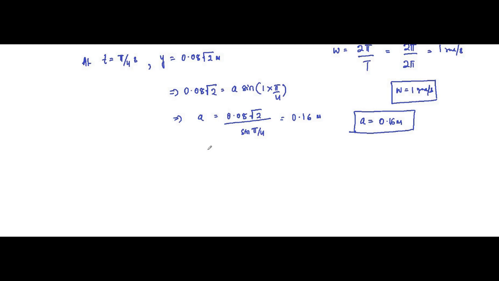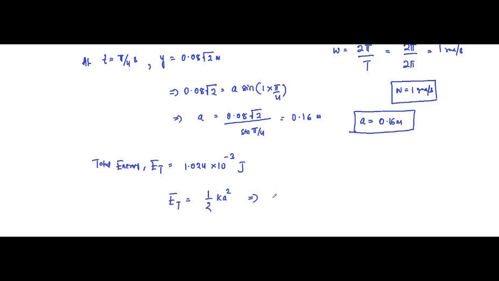Now it is given that the total energy E_T is equal to 1.024 into 10 to the power minus 3 joules. We know that for SHM, this total energy is equal to 1 by 2 k A square. We have already calculated A, so we'll simply substitute the value here.